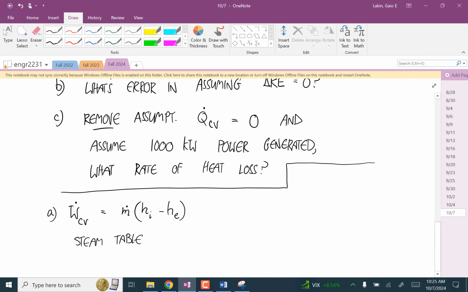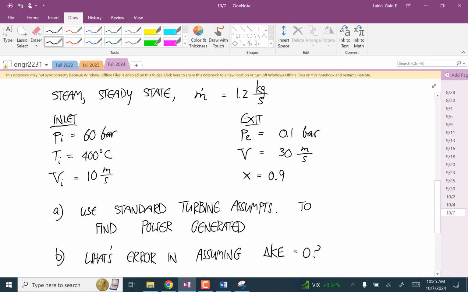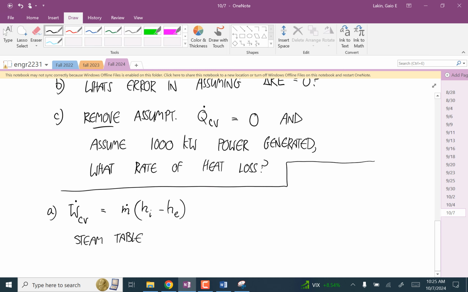From the steam table, we are given a pressure and a temperature, so we can look this up. The specific enthalpy at the inlet is 3658.4 times 10 to the third joules per kilogram.